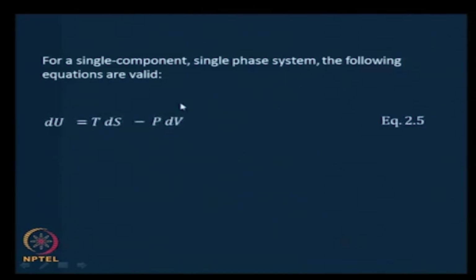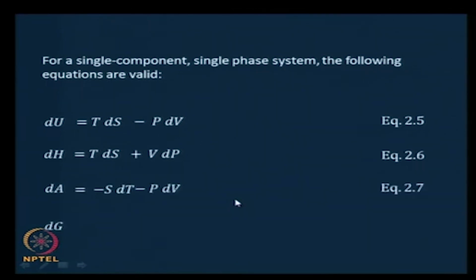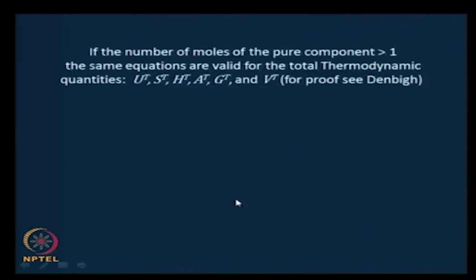Therefore, these equations are valid for a single component single phase closed system: dU equals TdS minus PdV, dH equals TdS plus VdP, dA equals minus SdT minus PdV, and dG equals minus SdT plus VdP. And we also said that those are for 1 mole, even if the number of moles increases, as long as it is a pure component closed system, you could write the same kind of equations for Ut, St, Ht, At, Gt and Vt.